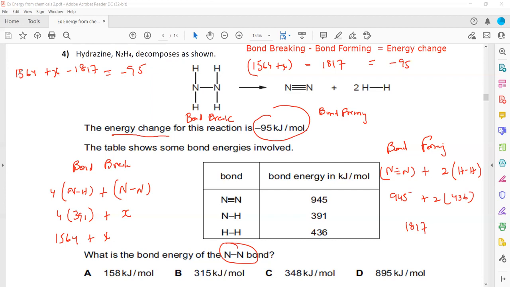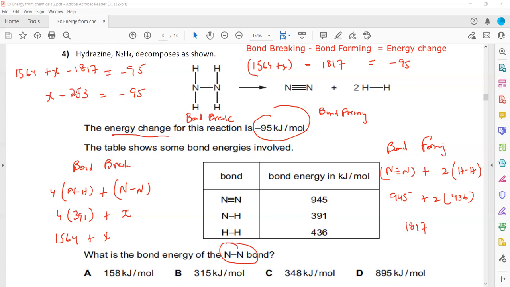When we solve 1564 minus 1817, we'll get minus 253, and that is minus 95.